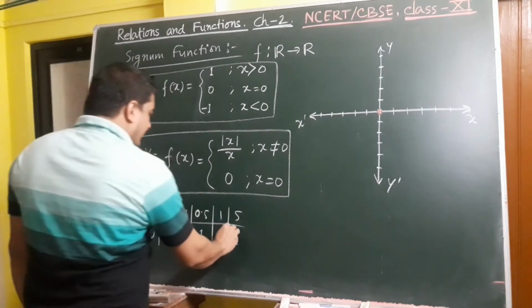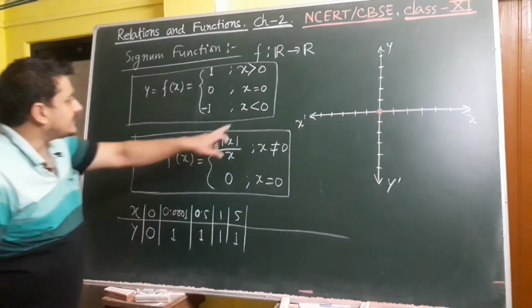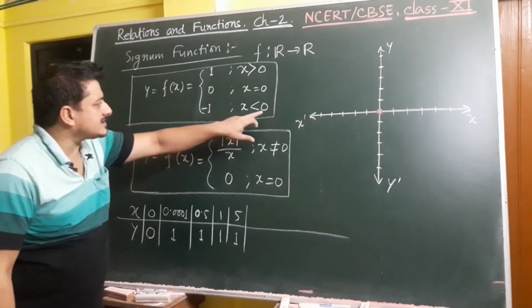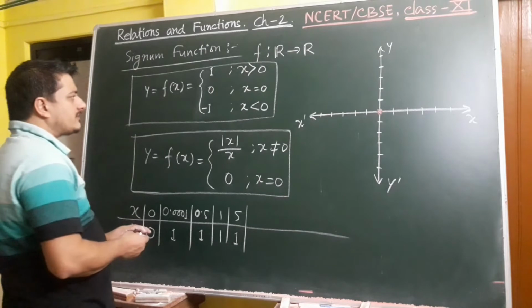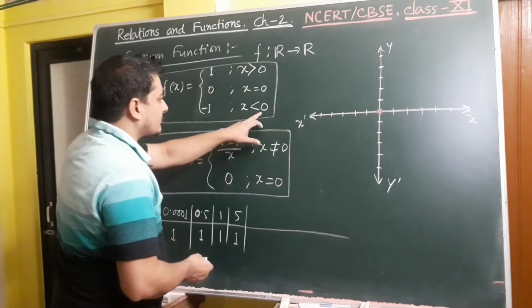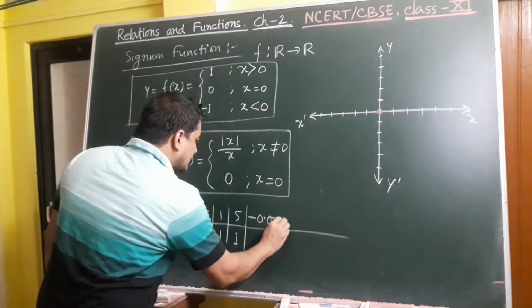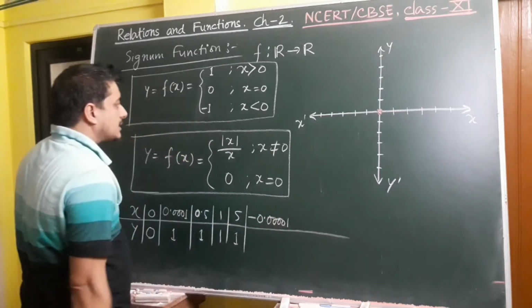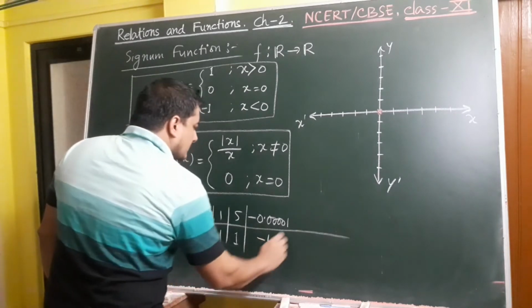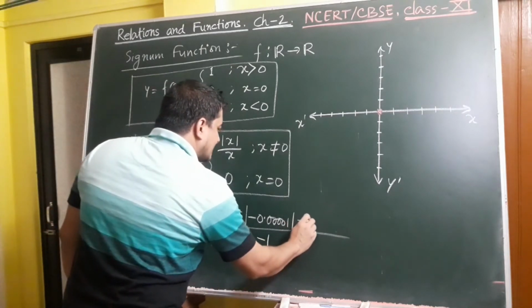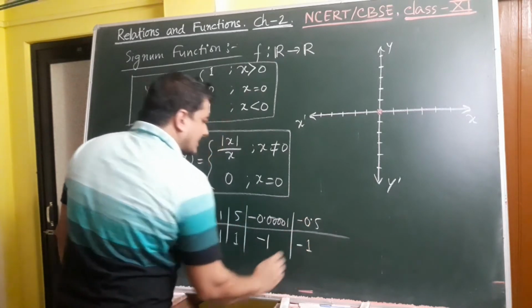Now coming to the negative part. Any value of x which is smaller than 0. If you take a very small value of x smaller than 0, say minus 0.000001, the value of y will be minus 1. For say minus 0.5, it will also be minus 1.